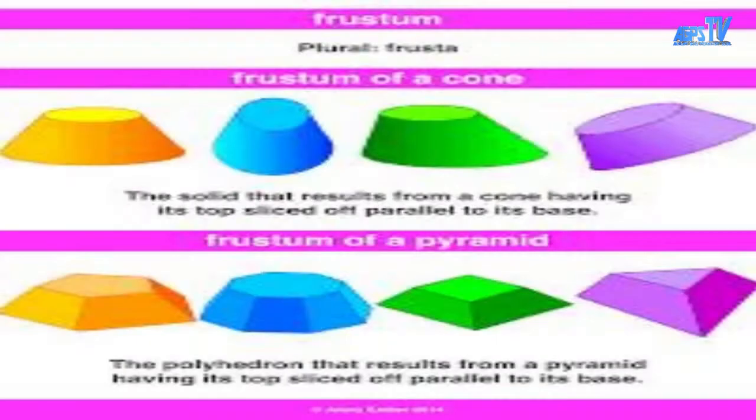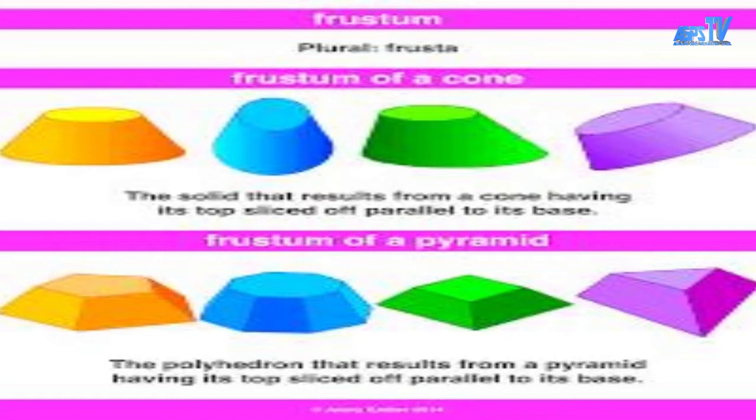This is also an object portraying a frustum of, let's say, a square pyramid. It has been truncated. These are also some examples of frustums of a cone.